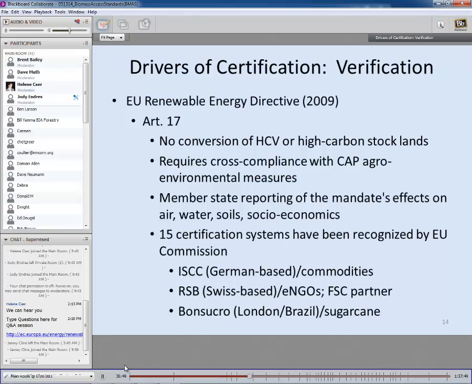We have the Roundtable for Sustainable Biomaterials that is Swiss-based and is led and supported by a lot of environmental civil society organizations.